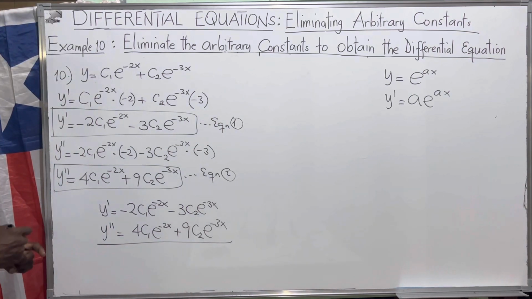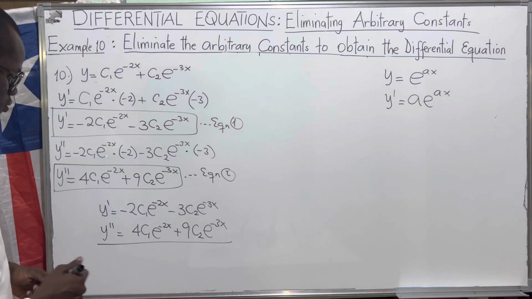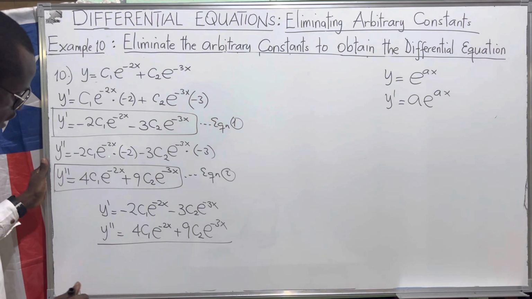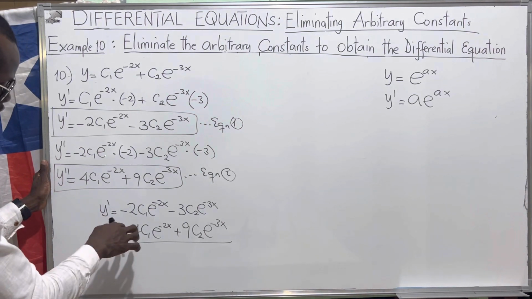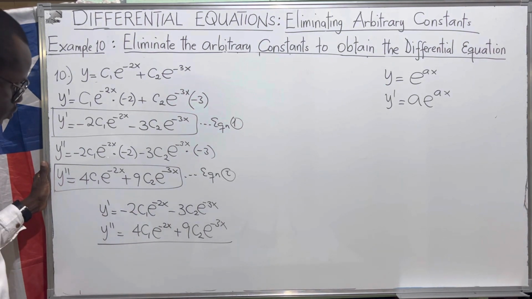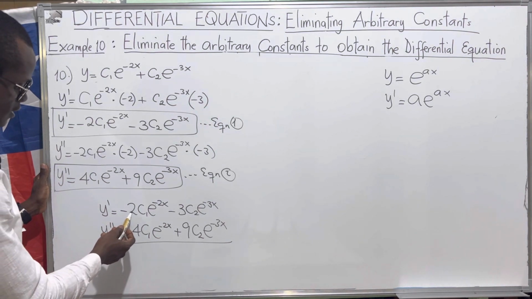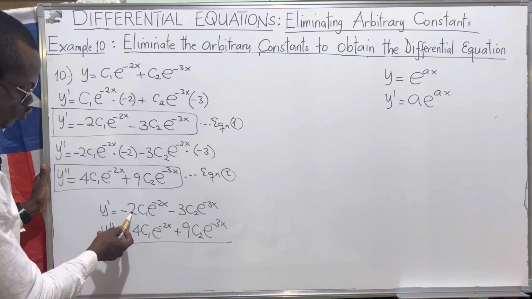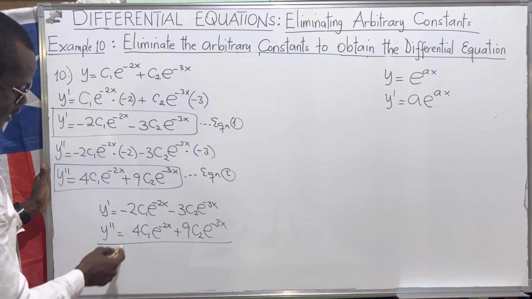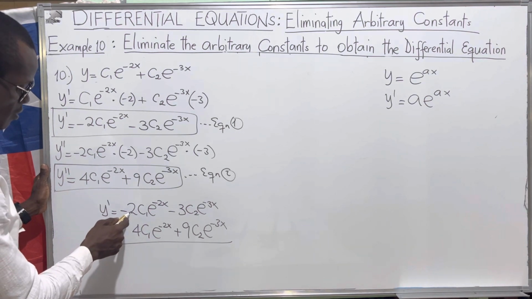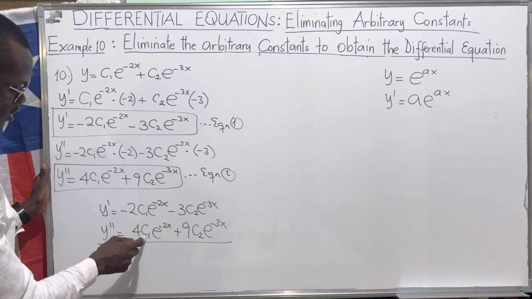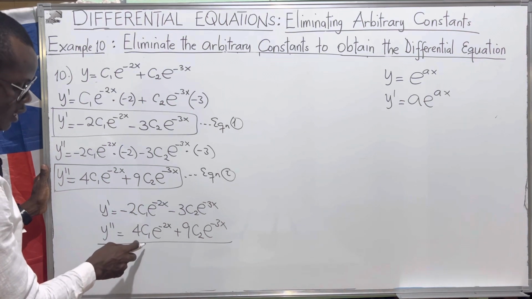Then we can apply a system of equations. We want to eliminate one of the constants, c1 or c2. To do that, if we make this coefficient 2 into 4, it means c1 and c1 can cancel out.